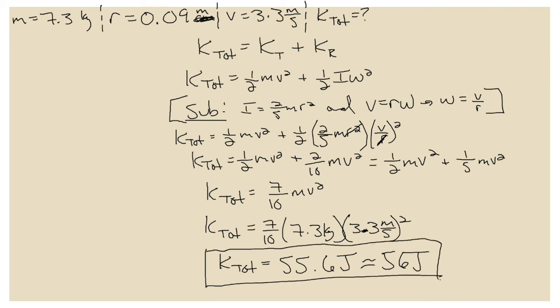To summarize, when we write out the total kinetic energy equation, we sub in the actual rotational inertia equation for I, we sub in v over r for omega, and we combine. It will always be the case for the original rotational kinetic energy term that the r's will cancel. That's an interesting little relationship.